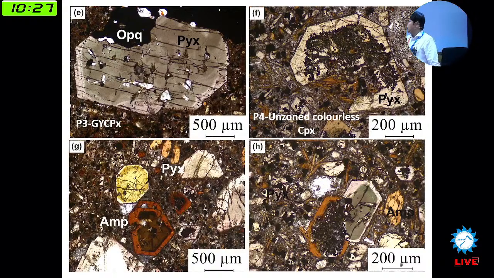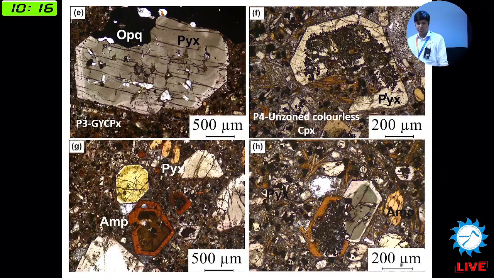The third one has a gray core, where we found pleochroism from light to dark gray, as well as a colorless rim. And the fourth one is the unzoned clinopyroxene, which doesn't show any zoning and is colorless.